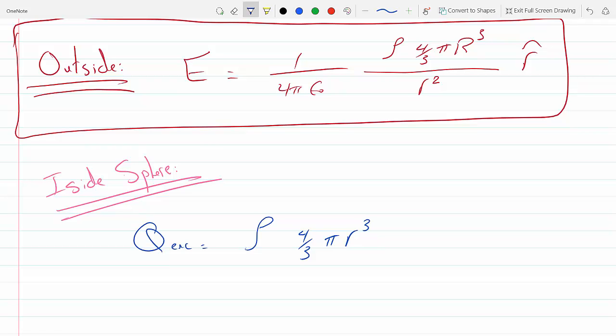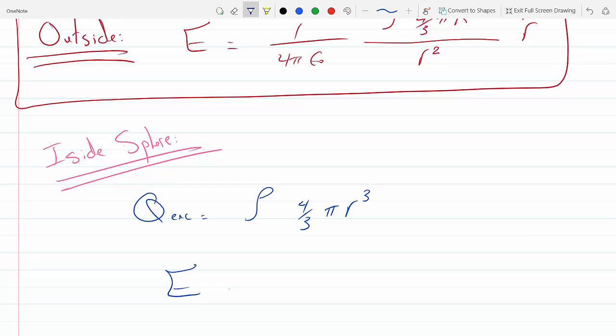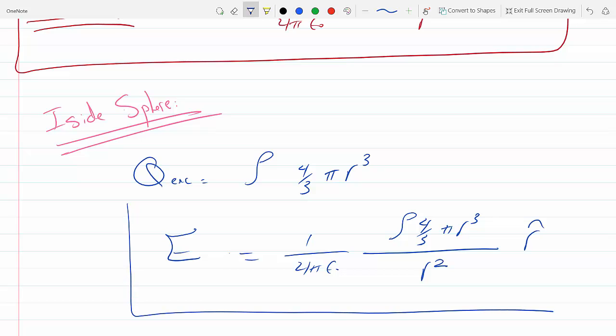So this would be your Q, and in that case, E will be 1 over 4 pi epsilon, times this Q, rho times 4/3 pi r cubed, all over r squared, in the radial direction. So this would be the answer for inside the sphere.